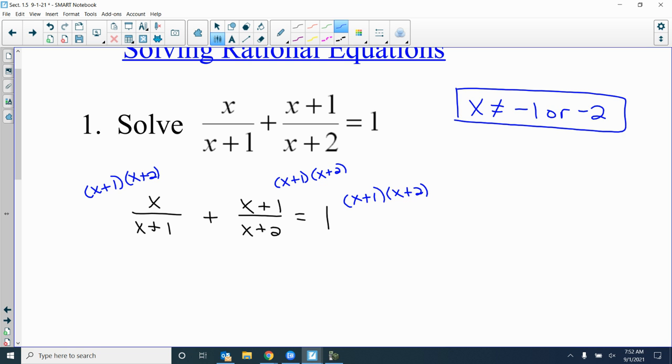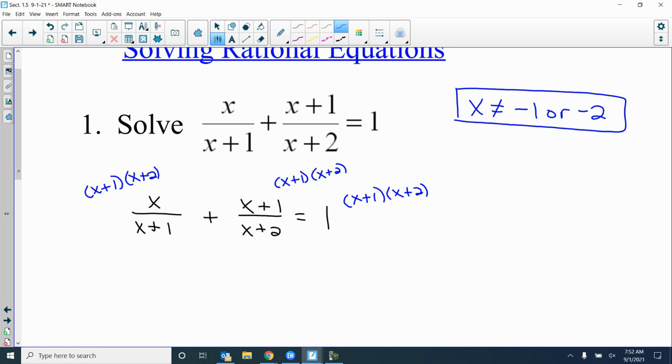Okay, sometimes people think, well, there's no fraction, I don't need to multiply. It doesn't matter, because remember, the rules for equations, if I do something to one side, I've got to do the same thing to the other side. If I do something to one term, I've got to do the same thing to all terms. So as long as I multiply everything, it keeps it equivalent.